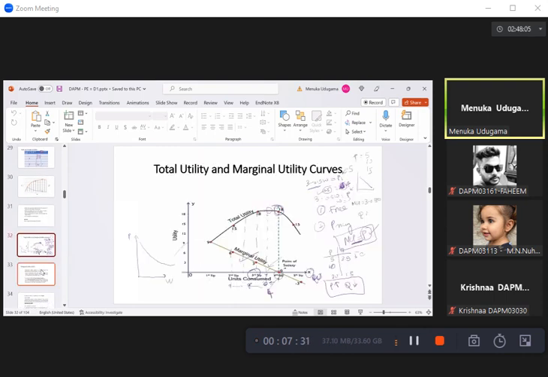Right? And then we wanted to derive the demand curve from the utility curve. We saw that if something is given free, then the consumer can go up to their maximum total satisfaction or utility, this point here.